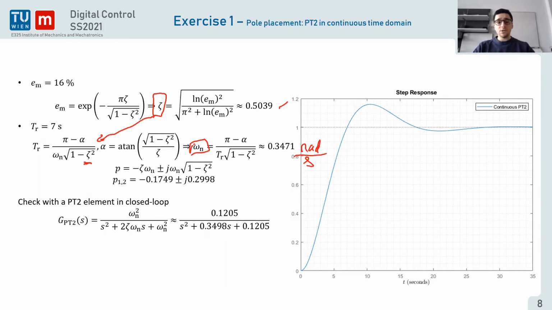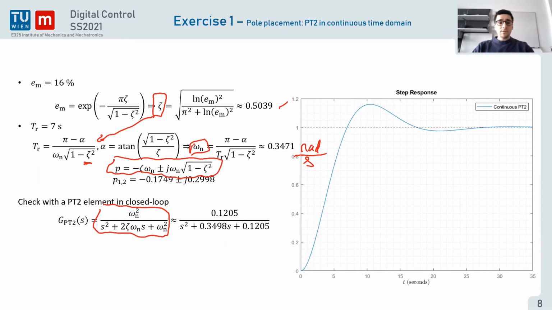This is the definition of the PT2 element. If you use this transfer function, the poles are always located at minus zeta omega n plus or minus j omega n square root of 1 minus zeta square, and the static gain will always be 1.